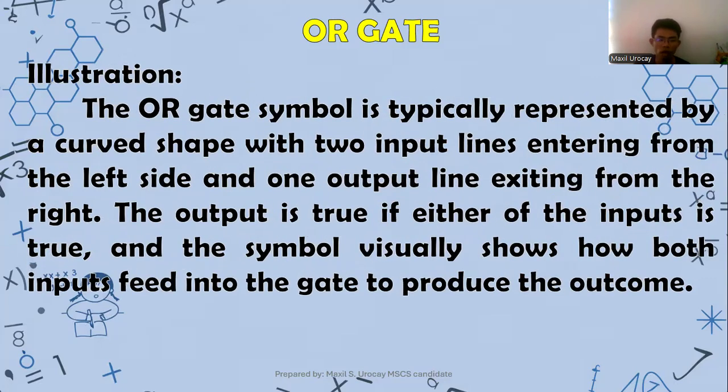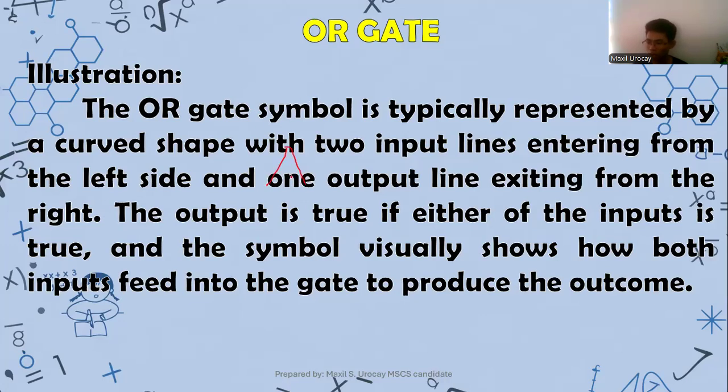The OR gate symbol is typically represented by a curved shape with two input lines entering from the left side and one output line exiting from the right. So the output is true if either of the inputs is true, and the symbol visually shows how both inputs feed into the gate to produce the outcome. That means to say, class, that the illustration looks like this.